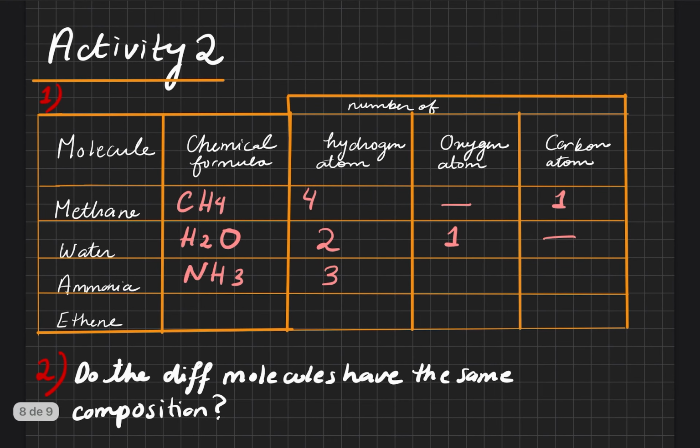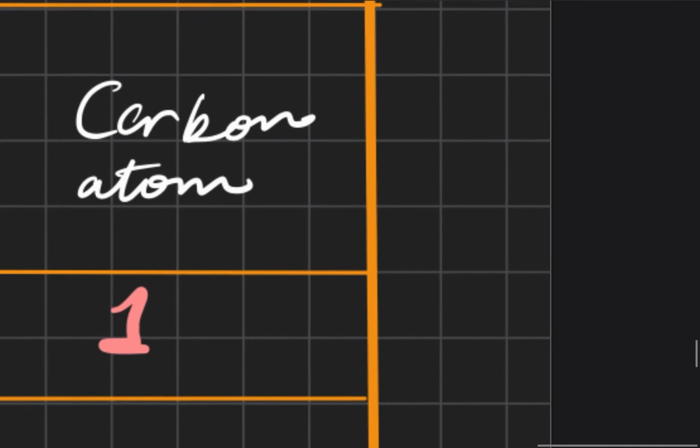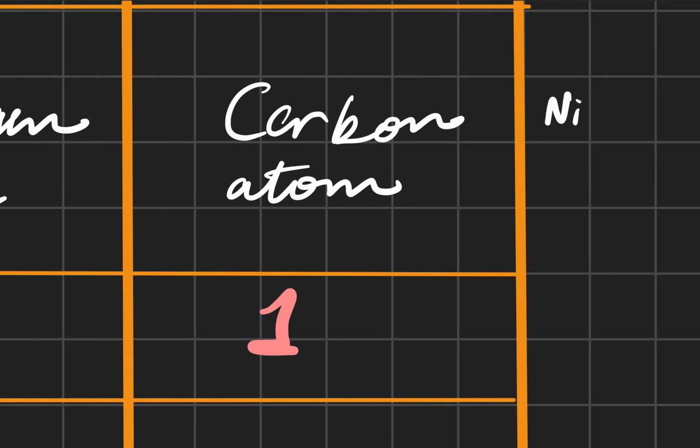This N here is for nitrogen. So let's add another column here, nitrogen atoms. Let me just make it smaller.